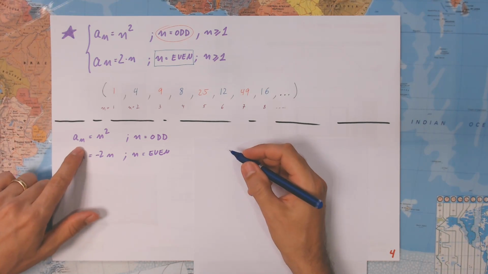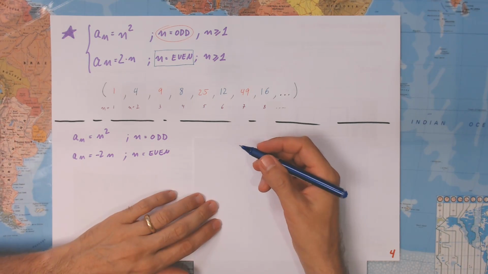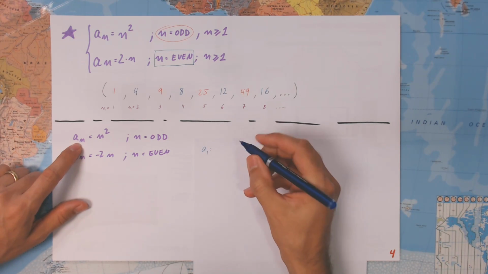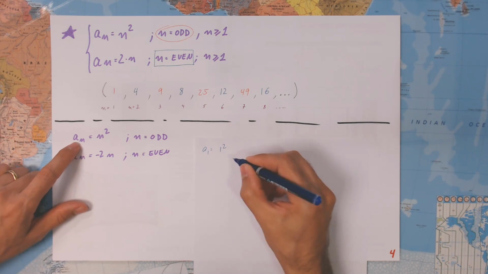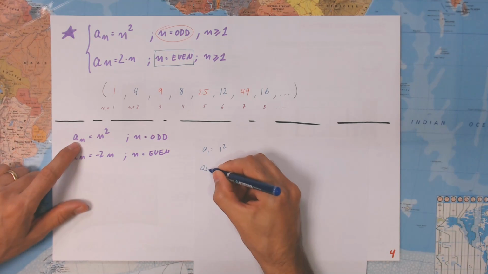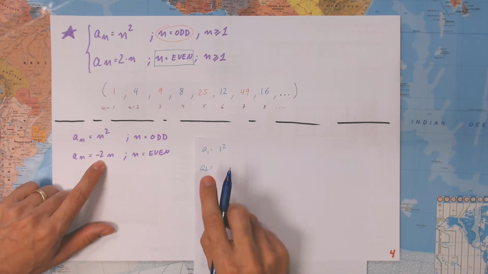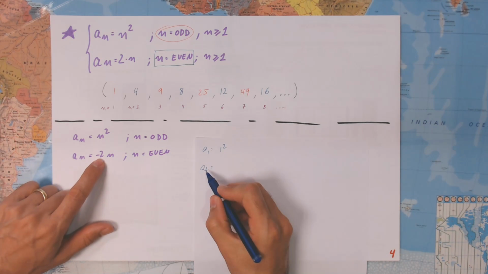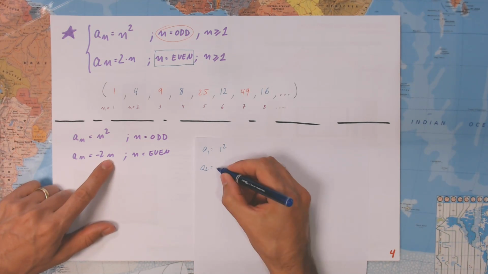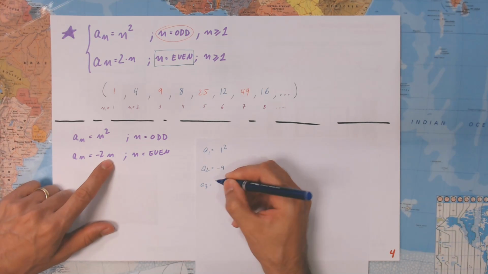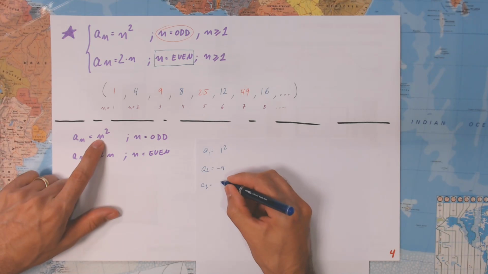Now the odds, like a1, it is going to be what? 1 squared, okay? a2, this is even, minus 2n. Well, if n is 2, minus 2 times 2, minus 4, okay? a3, this is odd, 3 squared, and so on.